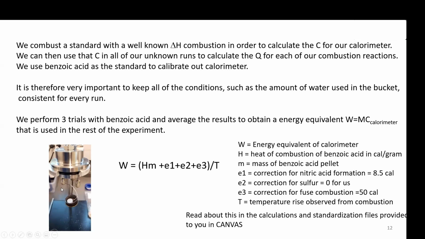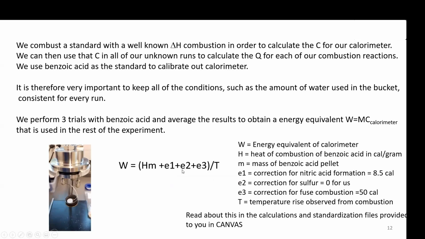So at elevated temperature, the nitrogen will react with oxygen and form nitrogen dioxide. And eventually, when there is water, the nitrogen dioxide will form nitric acid. So we need to make some correction because of that chemical reaction. I'll just provide this value, so you can use 8.5 calories to correct that reaction.